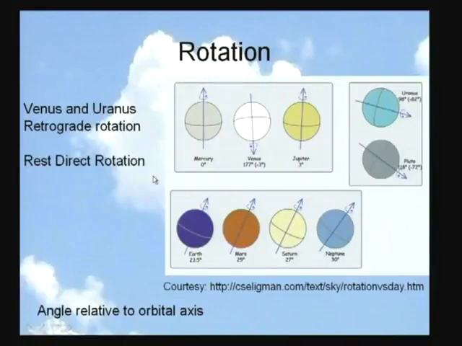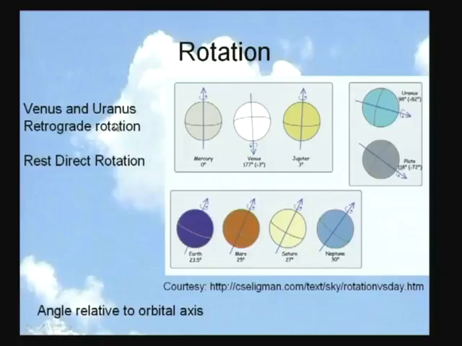Okay. Most of the planets are doing prograde motion. So, most of the planets have direct rotation or prograde motion. Venus and Uranus are the only exceptions, and they are undergoing retrograde motion.